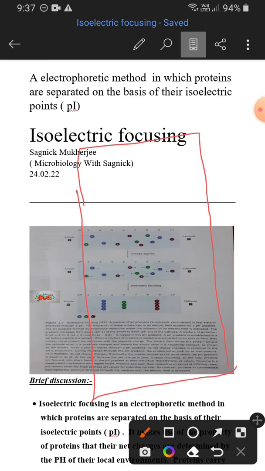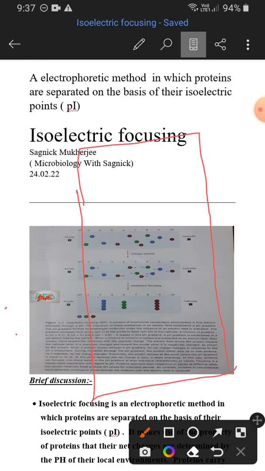During the migration of protein towards cathode or anode, because remember here we are not going to use SDS, that means all proteins are not going to migrate towards the anode, right? So during their migration, as we have generated a pH gradient, they will find a point that is exactly equal to their pi and they will stop there, right? In that way a sharp or focused separation can be done with this technique, and that is why the name isoelectric focusing.